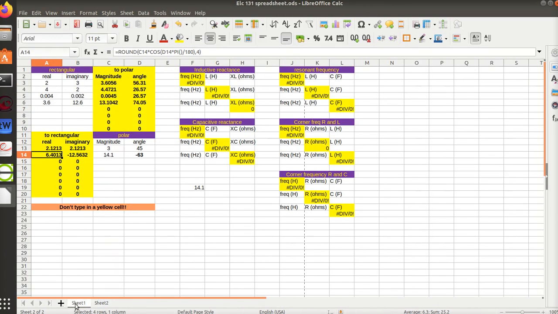I'm going to go back to my first tab. You know, the spreadsheet in the course does not have a sheet 2. I just added it. So if I go in and say, okay, I got 0.015, and I'm at 60 hertz, I get 0.565 ohms.